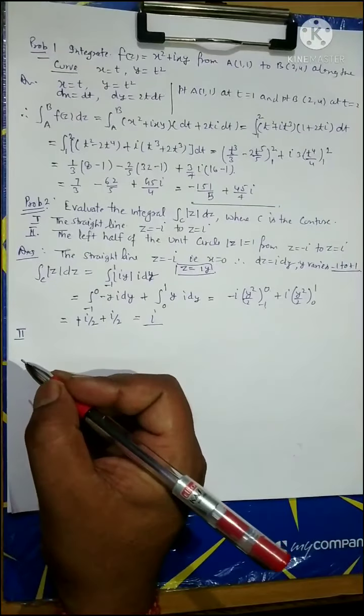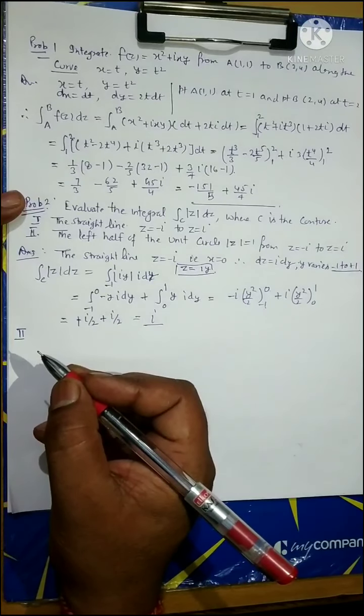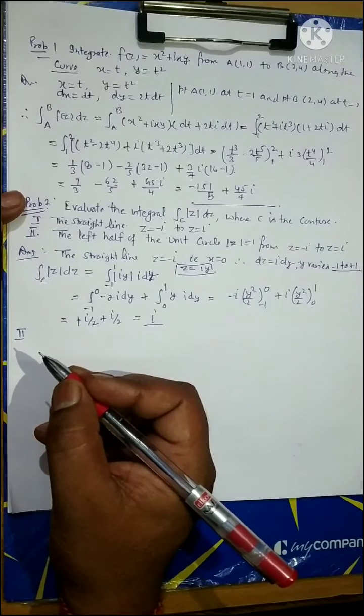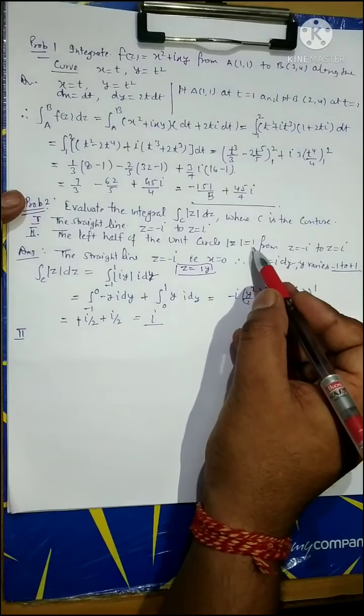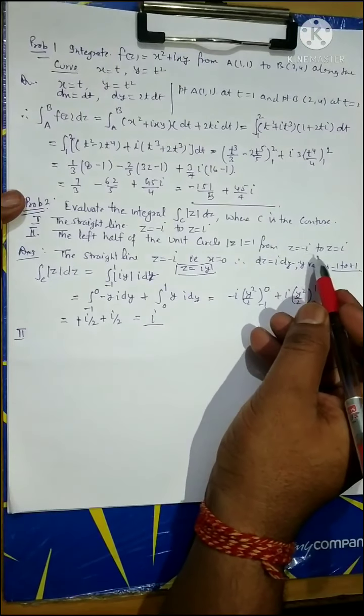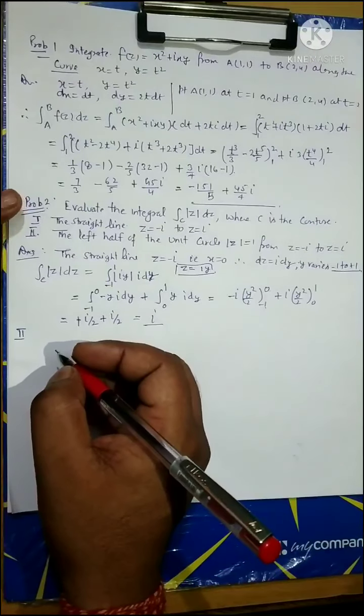Now the second part: the left half of the unit circle |z| = 1 from z = −i to z = i.